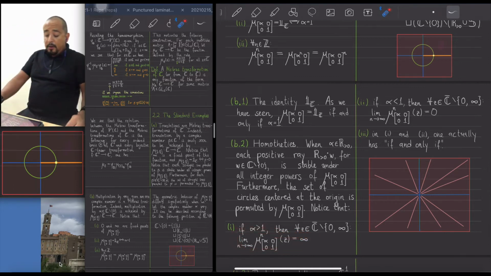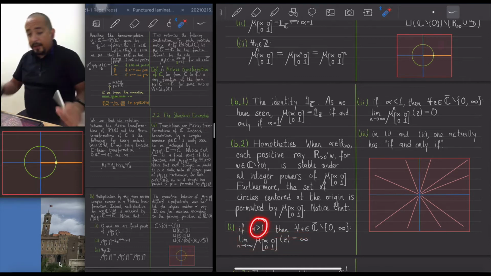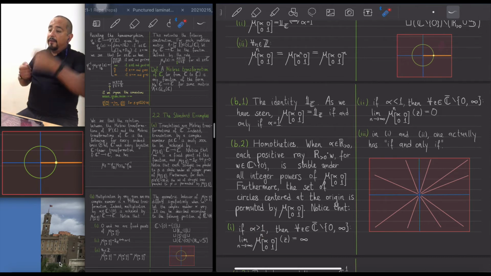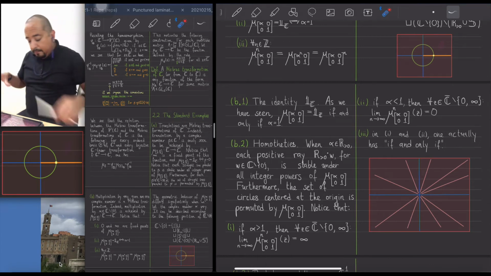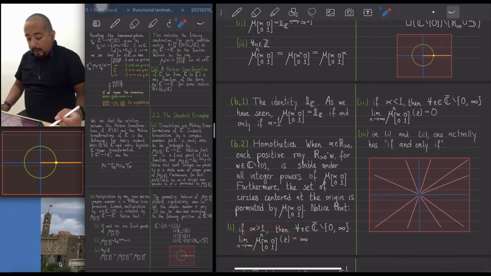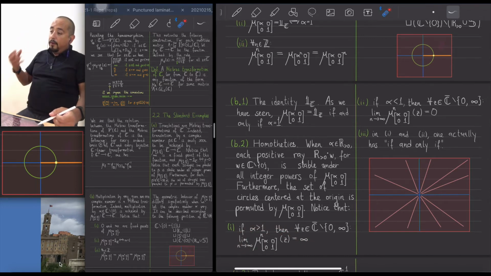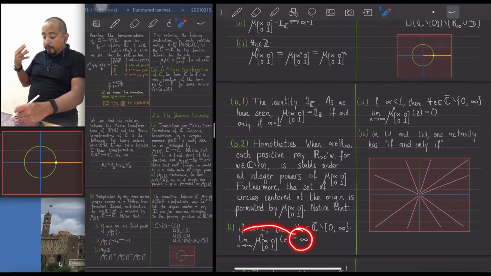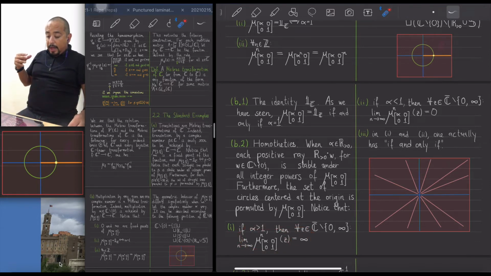So if alpha is greater than 1, the fact that multiplication by alpha enlarges the vector ultimately implies that 0 is some sort of repulsor of the action, and infinity, being always this limit for z different from 0, is an attractor of the action.